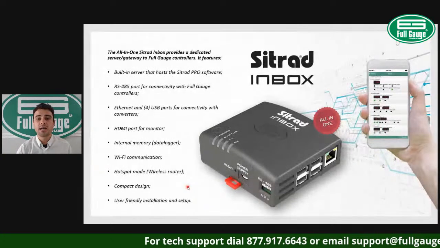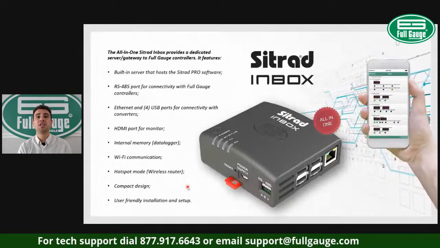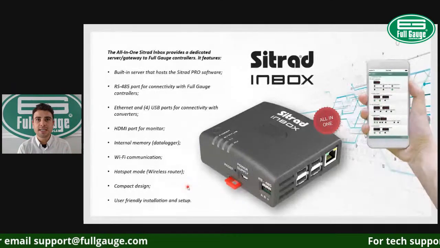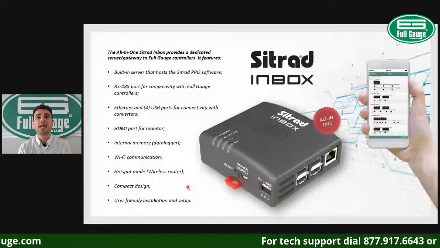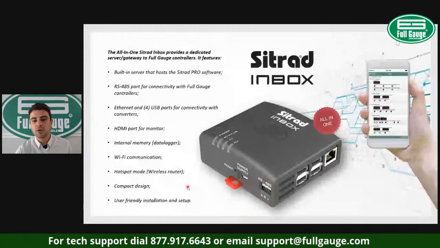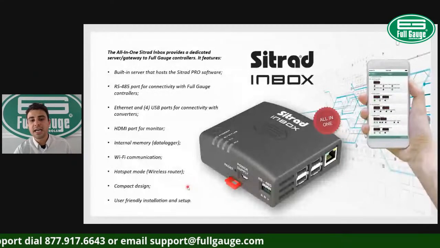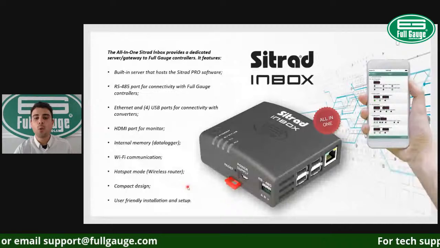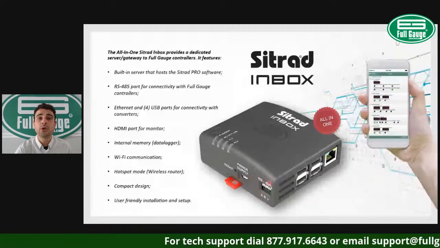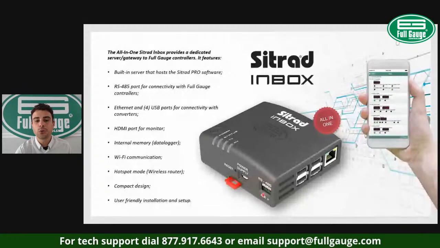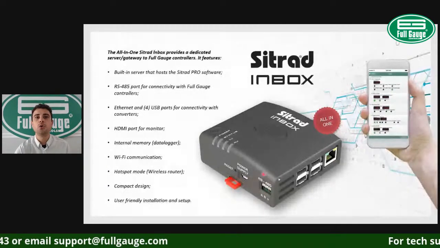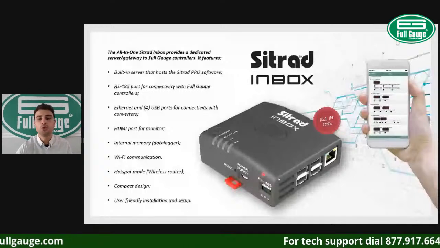So the C-TRAD Inbox will actually provide you a dedicated host and gateway to your Full Gauge controllers. So as you can see here, we've got the RS-485 port on the C-TRAD Inbox, which you can connect. You can daisy chain up to 32 controllers to it and use the C-TRAD Inbox as a computer plus Conv32.